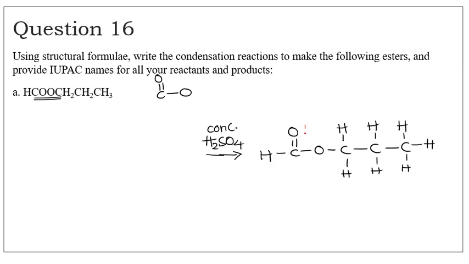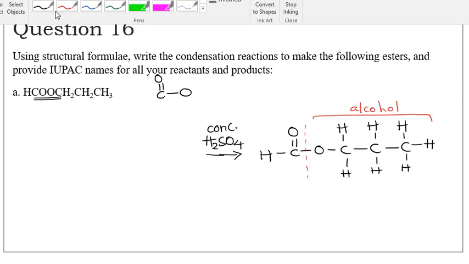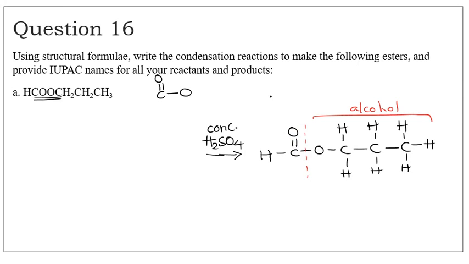So you can cut it in the middle. The part that has the single bonded oxygen, that's the alcohol part. So I'm just going to make a note here. You don't really need this bit in red in your working out. But this is the alcohol, and the part that has the carbon double bonded to an oxygen, that's your carboxylic acid part.